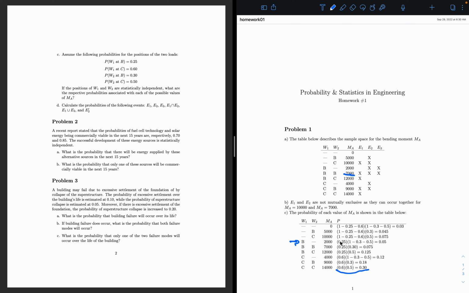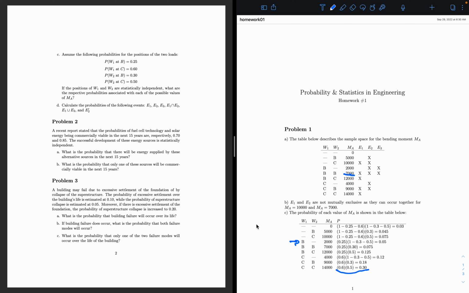In this case, we have 0.3 of being applied at B, 0.5 of being applied at C. So we take the complement of that, which means that the load is not being applied anywhere. We multiply that by the probability of W1 at B, and we end up with 0.05.